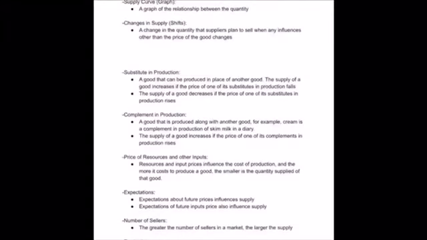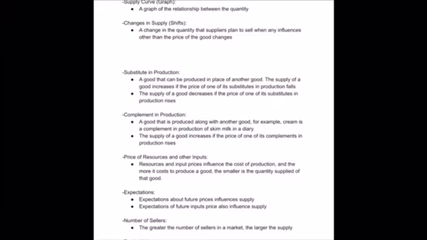All right, so next is substitute in production. This is a good that can be produced in place of another good. The supply of a good increases if the price of one of its substitutes in production falls. If you have two products in competition with each other, and the price of product two drops, more people are going to buy it because it's cheaper, and then for the first product there'll be more left over, so fewer people will buy it and the supply is higher.